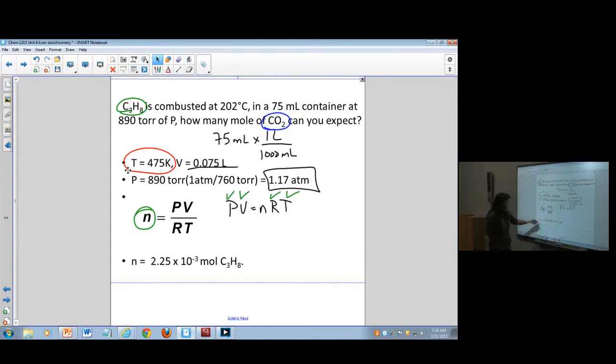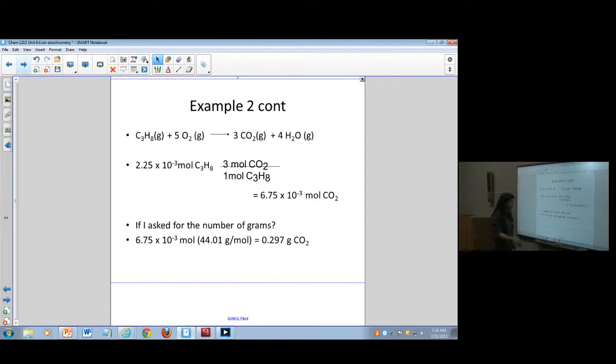So solving this gives me moles of propane. Now, I need to convert using the balanced equation over to the moles of CO2. In this case, I'm beginning with 2.25 times 10 to the negative 3 moles of propane.